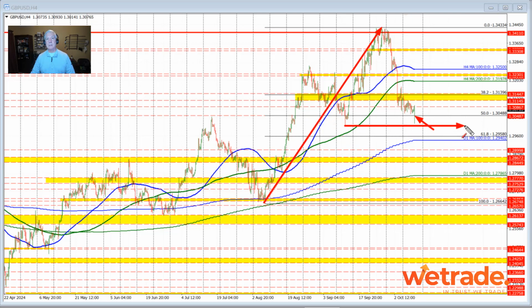The low price that we saw in trading here today did stall near the low price from going back here to early September. I guess that's a September low. So we found support buyers against that level and pushed to the upside. But the 50% retracement level is going to be key for this pair.